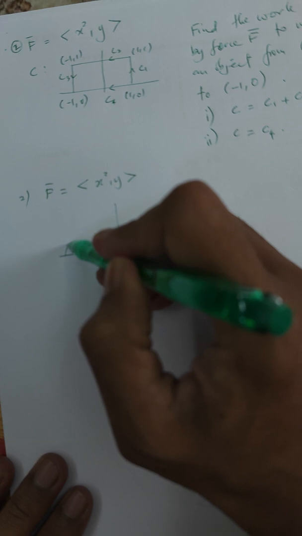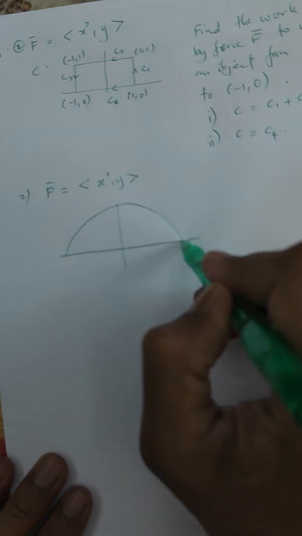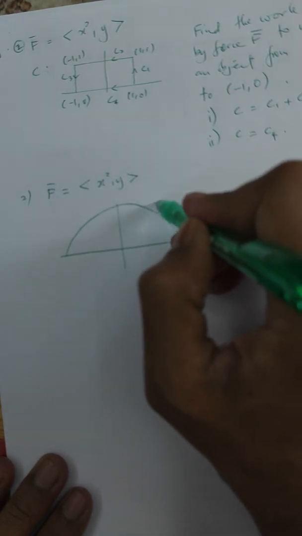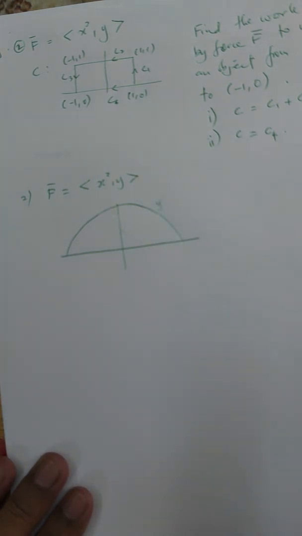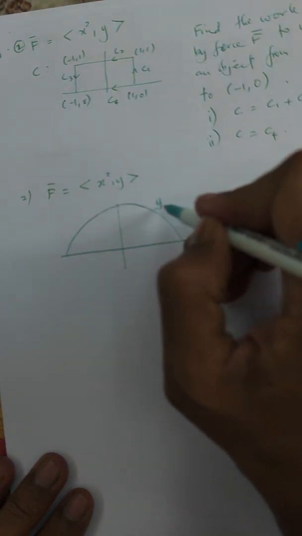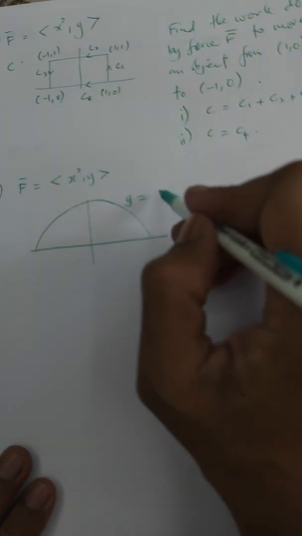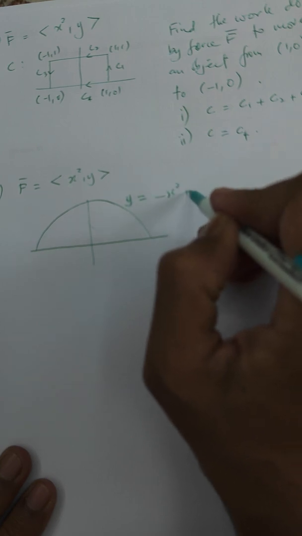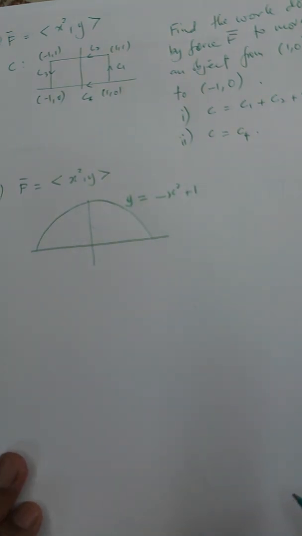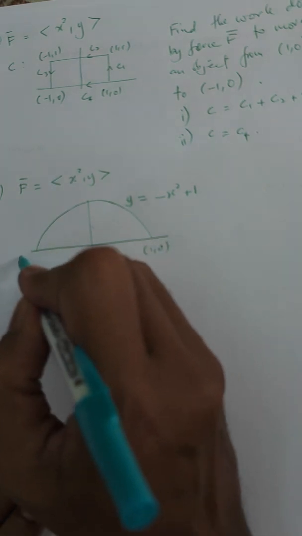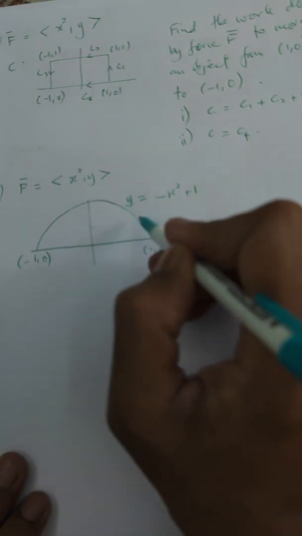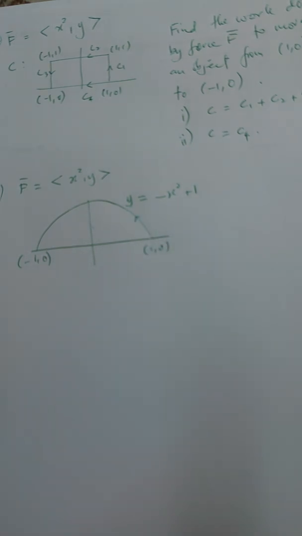Let's say this is y, y equal to minus x squared plus 1. This is from (1, 0) to (minus 1, 0) using that. This is your C.